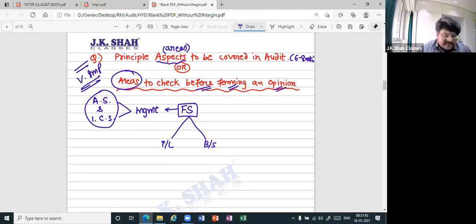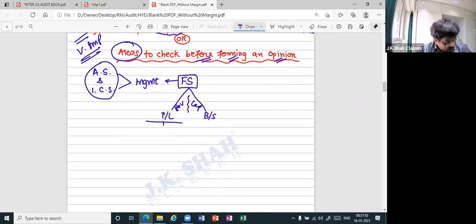Can I say P&L is revenue in nature? Balance sheet is capital in nature. Perfect. So basically the auditor will check whether proper distinction, classification is made between revenue and capital. Now, when you talk about P&L, it is incomes and expenses. When you talk about balance sheet, it is assets and liabilities.